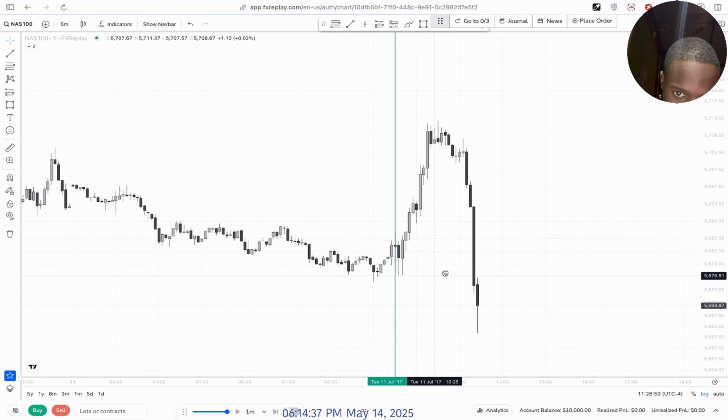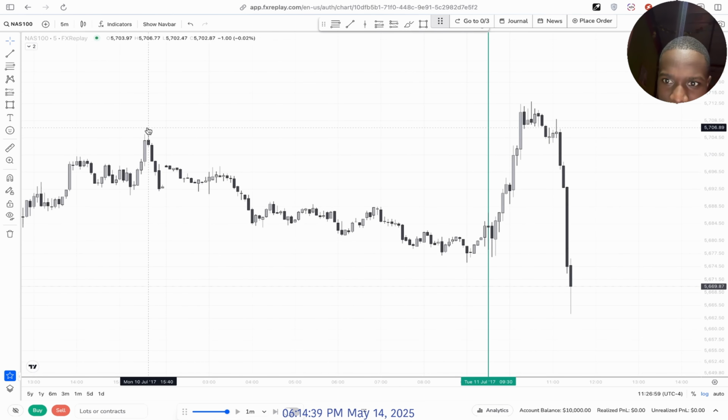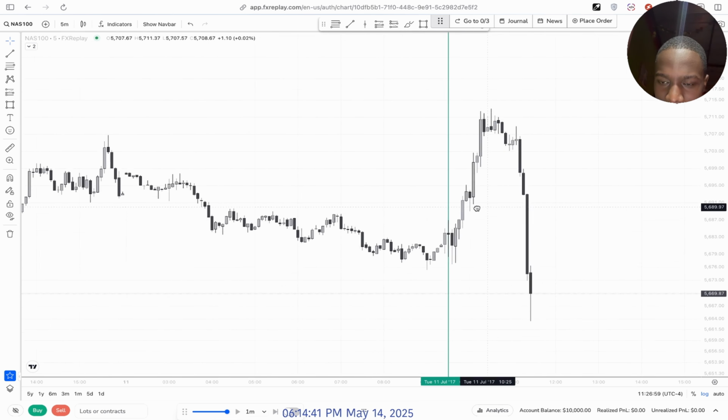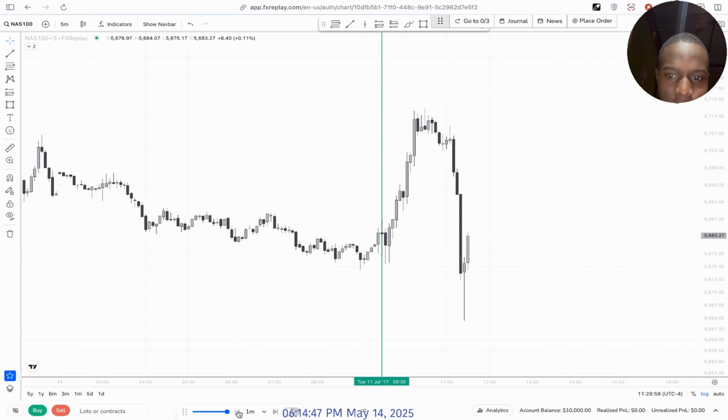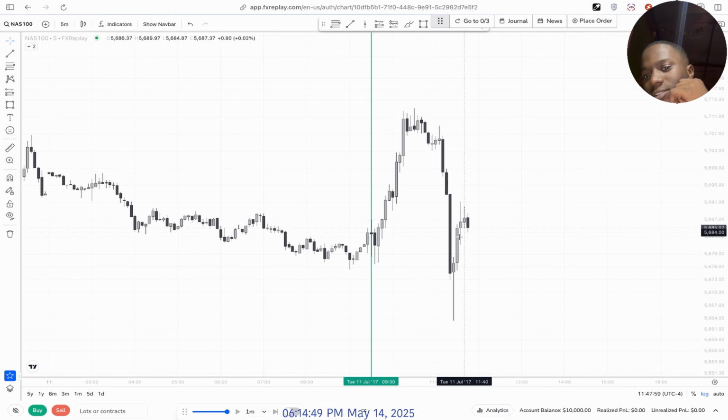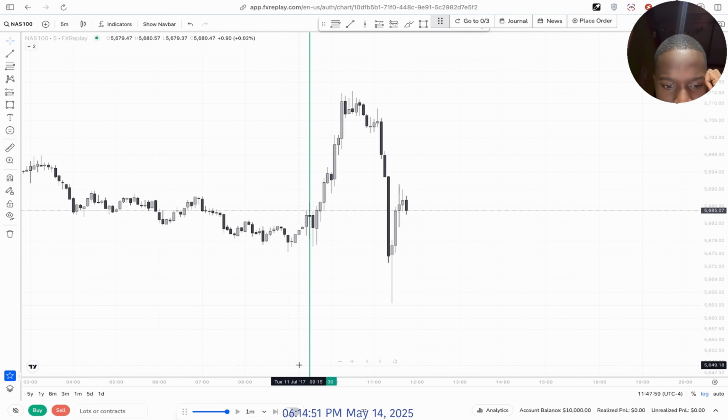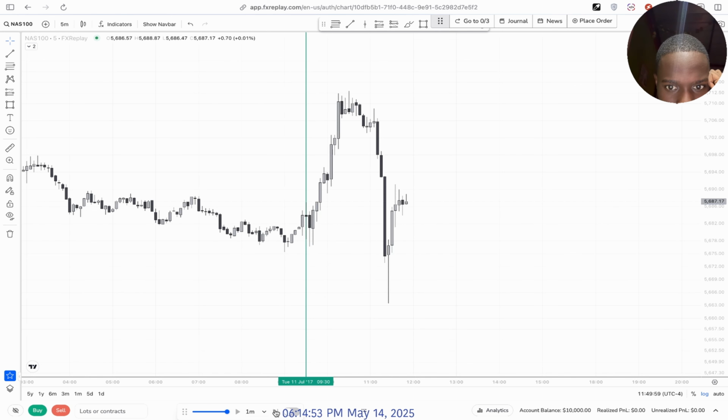So it then proceeded to drop after taking up this level of liquidity. We can see that we've got a shift on this low. We didn't get a fair value gap retest to confirm for us. Well, we've got one right here, and let's see where this candle is heading. Okay, looks like we are about to retest this one and then push lower. So we entered this one.